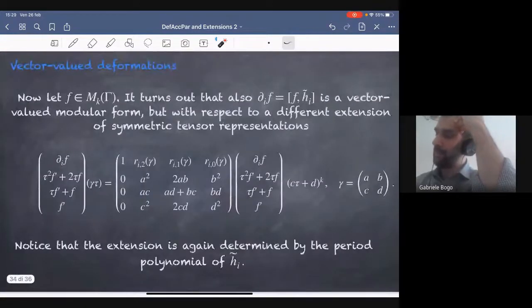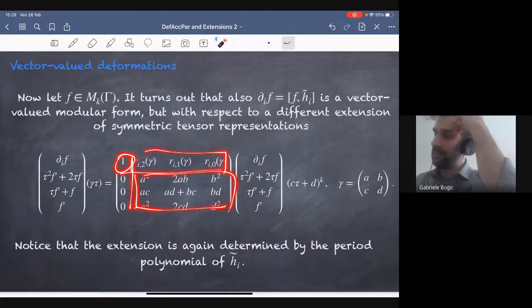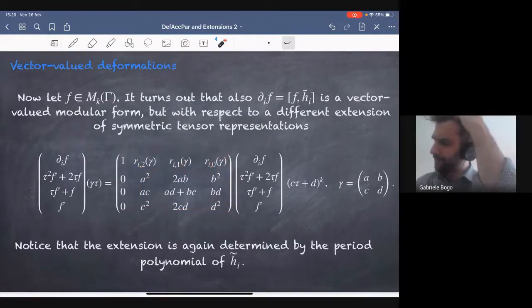In this case, we have Sym 2 here, Sym 0 here, and something here, which is given by the same coefficients of the period polynomial of the cusp form h_i. And this rho_i is a component of a vector valued modular form in this way.